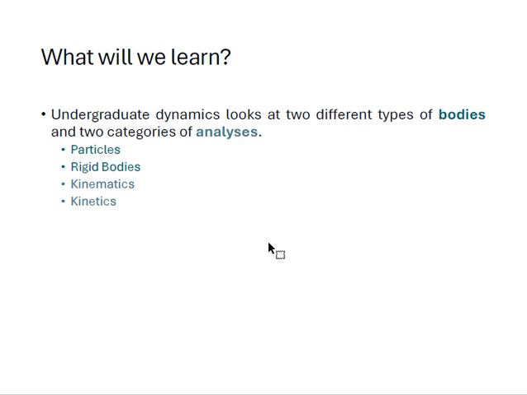Of course, for this course, conceptual dynamics, we're gonna focus on two types of objects. The very first one is particles. Particles are small and very simple, and then your rigid bodies are bigger and more complex. We're also gonna take a look at two kinds of analysis.